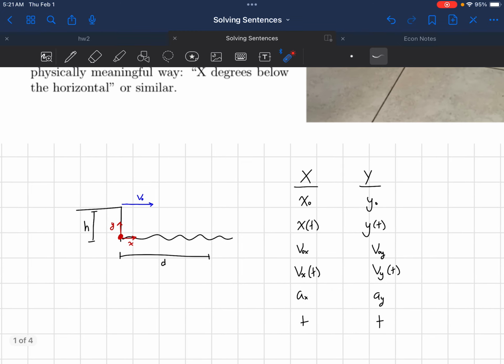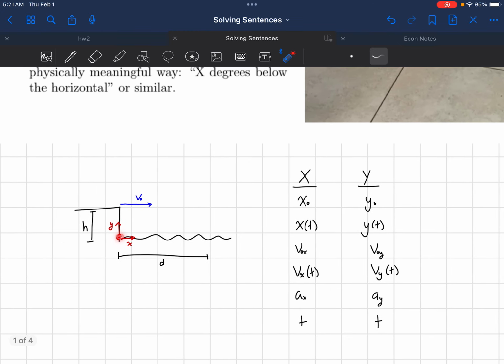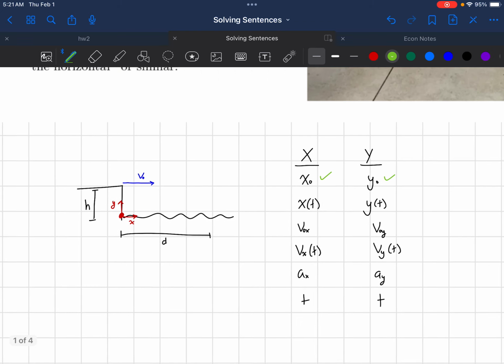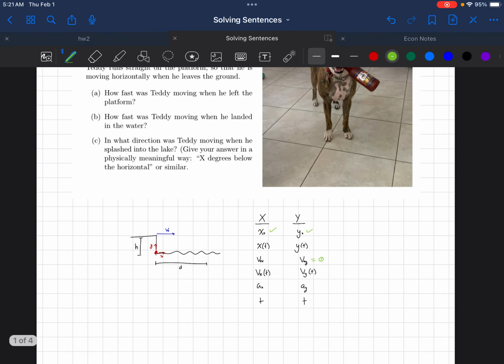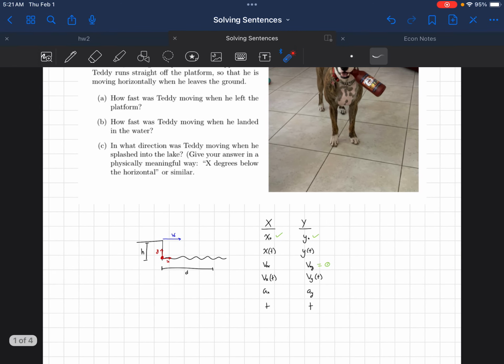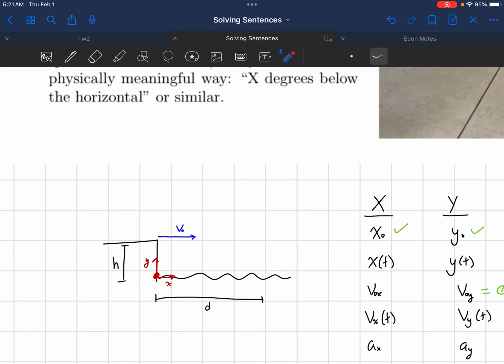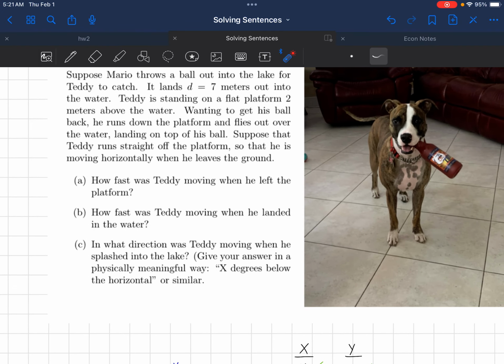So in this problem, based off of how I set my coordinates, I know x naught, and I know y naught, and I know my v naught y is 0 meters per second because of how my initial velocity is angled.